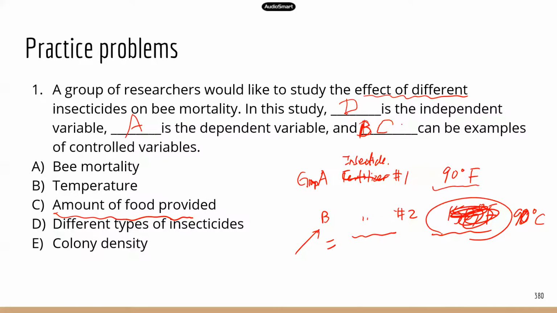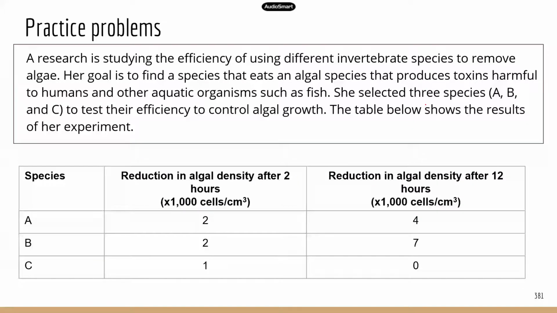Colony density, that could be a potential controlled variable, and that's because density does affect the organisms, right? If the density is too high, then it's going to stress out the individuals and they are more likely to die.